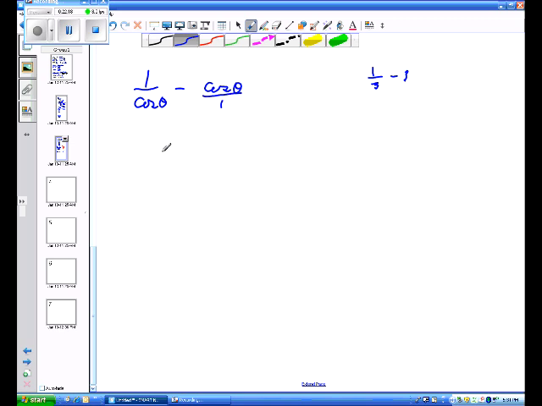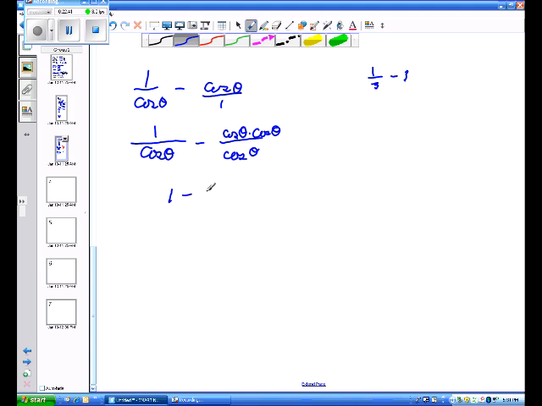And our common denominator here is cosine theta, for cosine theta and 1. So this one's already over the common denominator. We don't need to do anything. We need a common denominator of cosine, so 1 times cosine is cosine. So we'll have to multiply our numerator by cosine theta.